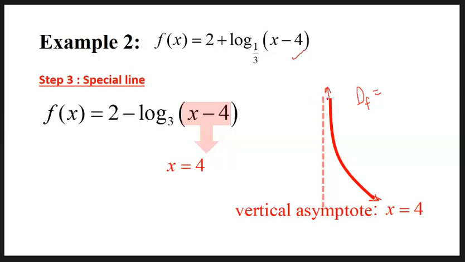We notice that the graph can go to the left as far as somewhere very close to 4 but never reach 4, so we have open bracket 4, and to the right it will go all the way until infinity. Whereas for the range, we can see it can extend upwards and downwards infinitely, so I have negative infinity to infinity. Now this is the domain and range for this function in general.